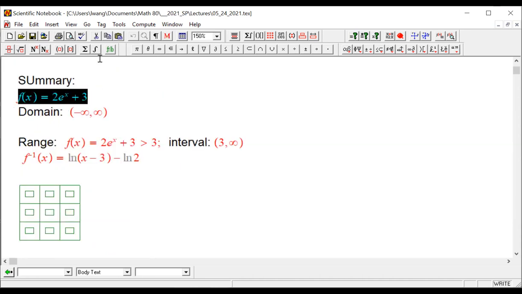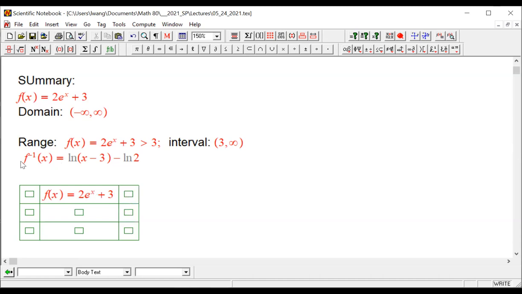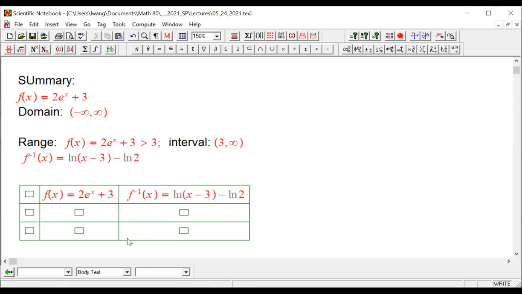The function was here, and the inverse function we found, that's right there.